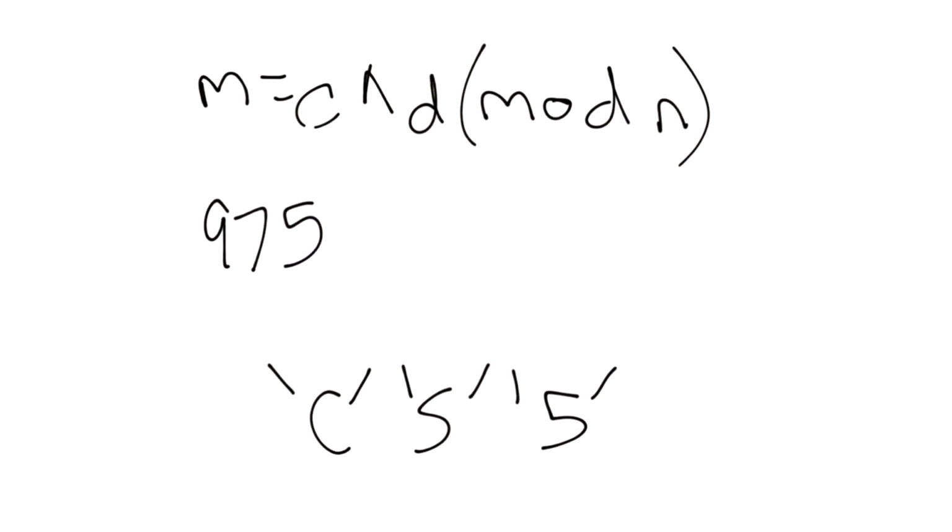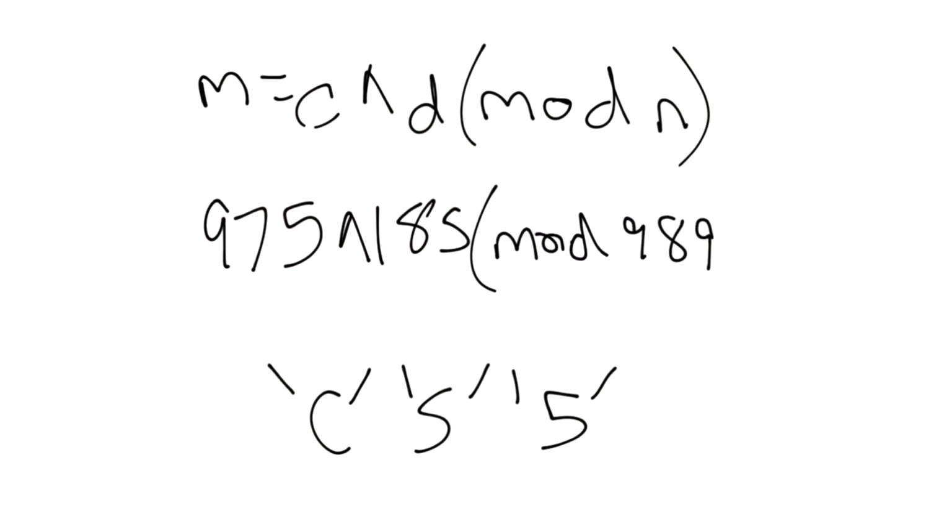And now for the last chunk, which has value 975, we raise to 185, mod 989, and this is equal to 48, which is the value of the character 0 in ASCII. My name is Rob Bowden, and this is CS50.